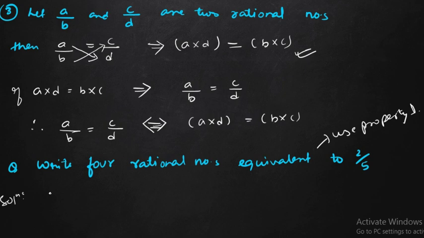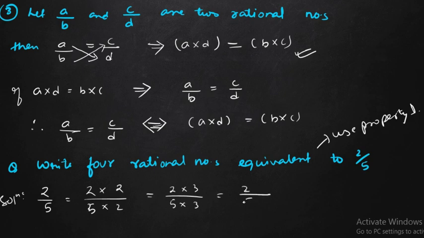So for 2 by 5, suppose we multiply the numerator and denominator by 2, again by 3, and again by 4. I have taken them in continuous form, that is 2, 3, 4 and 5. You can take -1, 5, 3, 8, 12, any number, but the number you multiply in the numerator and denominator must be the same. Suppose 2, 3, 4, we have to find 4 rational numbers.